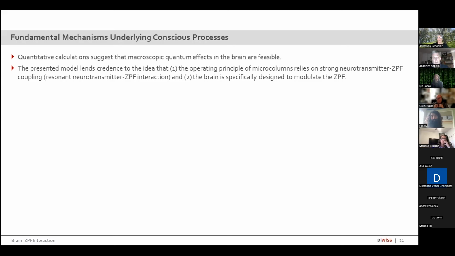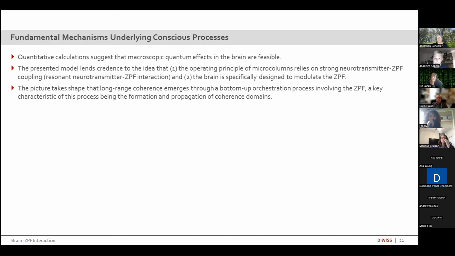And it at least suggests that the brain is specifically designed to modulate the zero-point field. This is no coincidence. The concentrations of the relevant neurotransmitters are precisely in such a range that a resonant interaction with a zero-point field is possible.